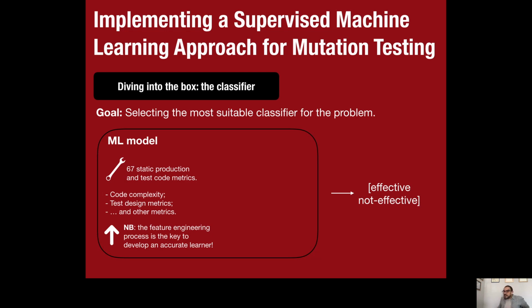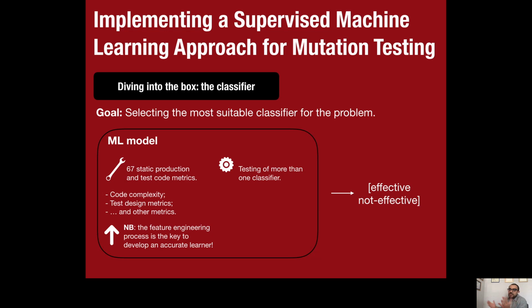Let's say the last step to develop a machine learning model is to select a suitable classifier for the problem of interest. What does it mean? It means that you have to identify which of the available machine learning algorithms can better fit the problem.